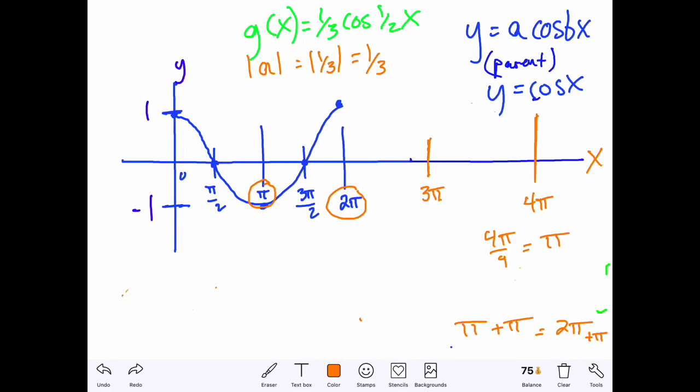And so that gave me pi. So I know each section should be the length of pi. And then I did pi plus pi to find my next section. And then I did plus another pi to get my third section. And now I have my 4 locations that I'll use. Okay, so let me erase.